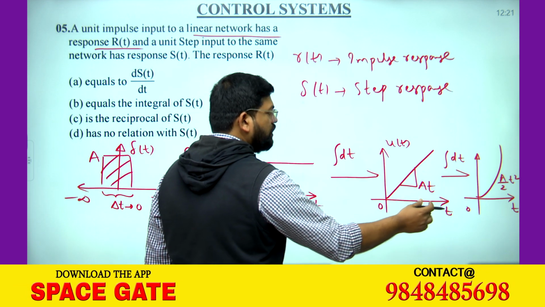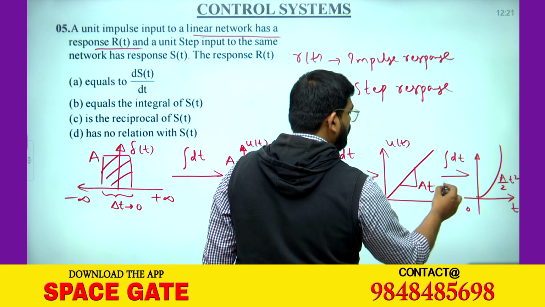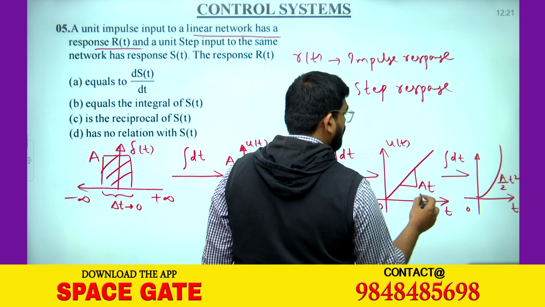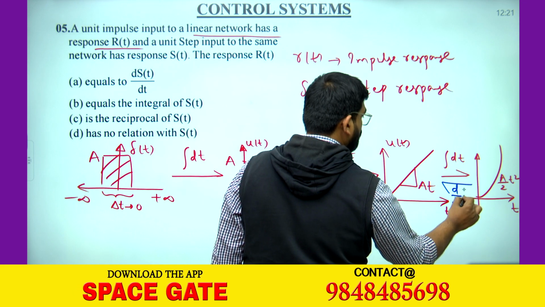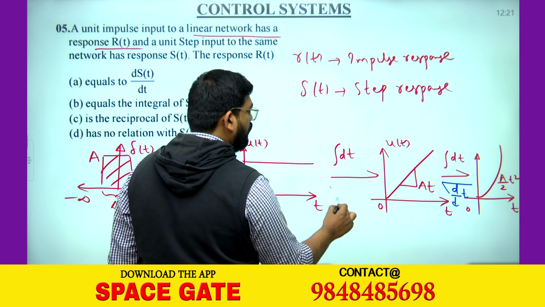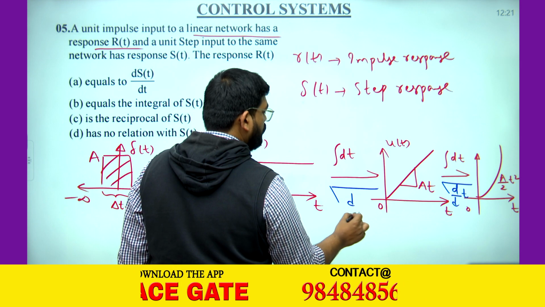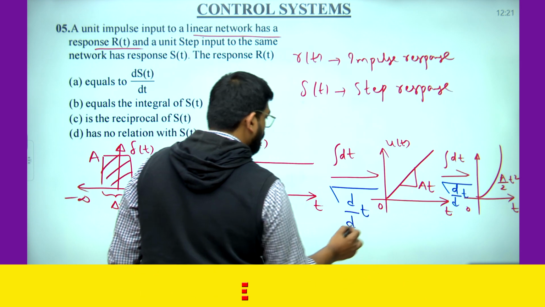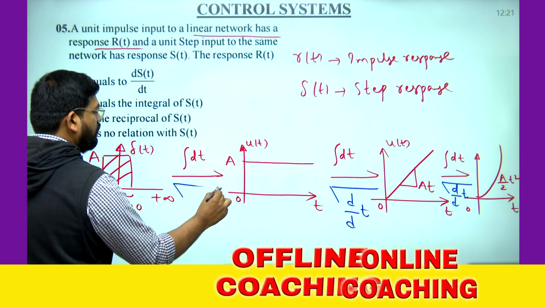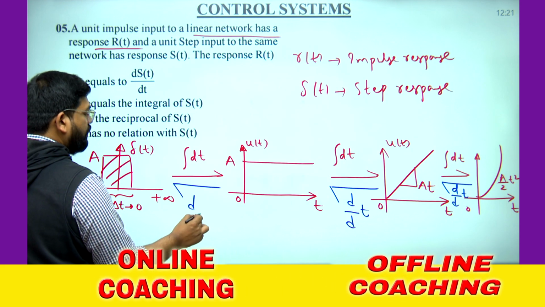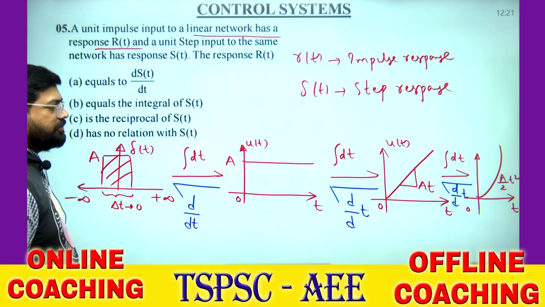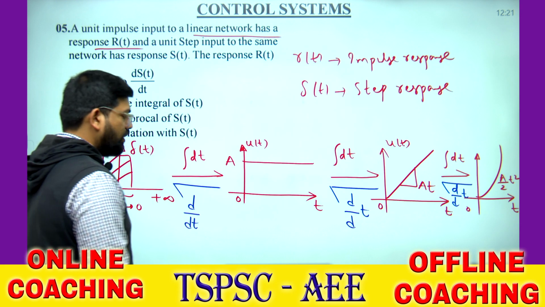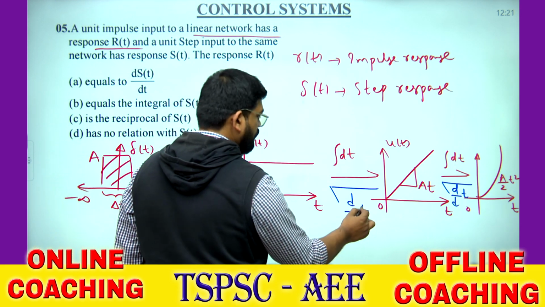Now, if you go in the reverse manner, you know the parabolic, and to get the ramp you just need to do differentiation. If you know the ramp signal, to get the step you need to differentiate that. Look at these arrow marks, how we are doing. If you know the step and differentiate the step response, we get the impulse.